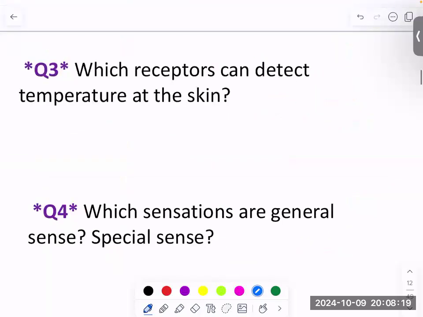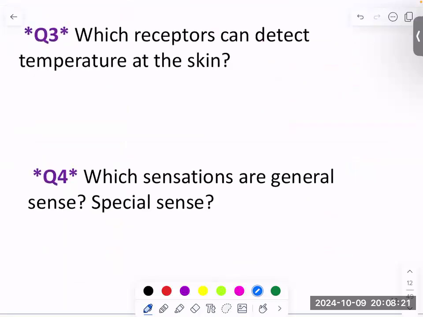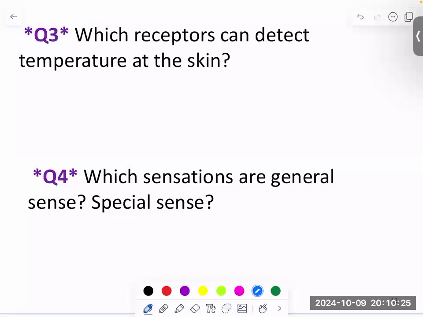So when it comes to the exam next week, I'm going to ask you questions like this. If I were to ask you, at the skin, which receptors can detect temperature? Free nerve ending is the primary temperature sensor at the skin.